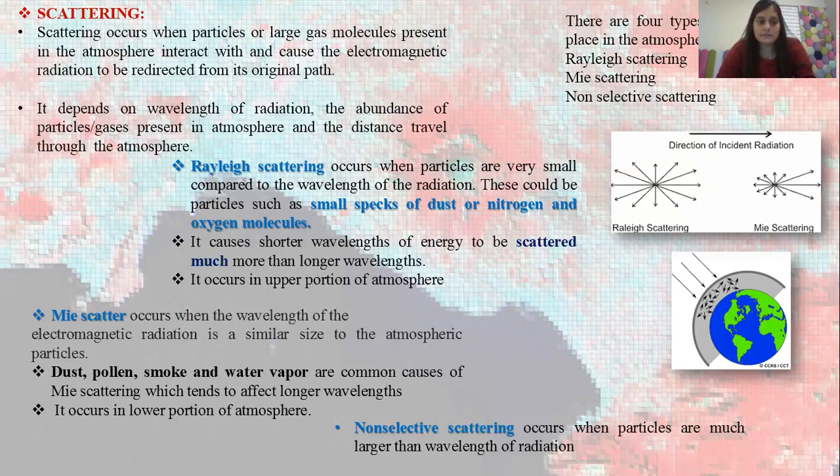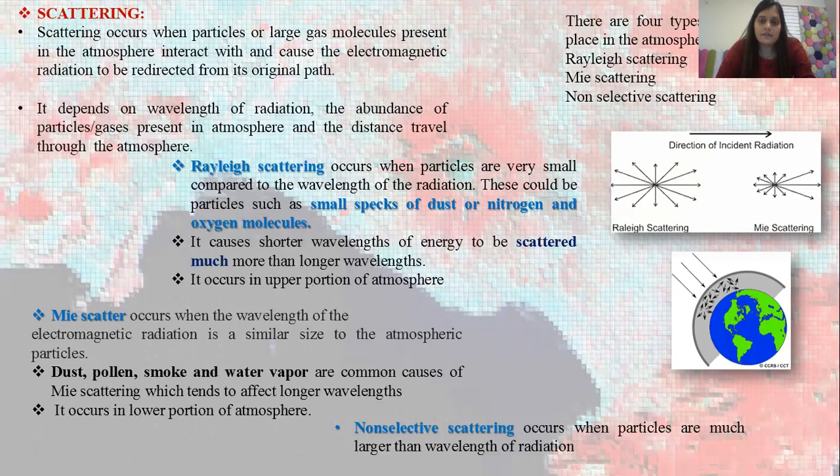Now, we have to try to neglect scattering as much as possible, but it cannot be neglected because, as we discussed, many substances such as water molecules, gases, and smoke are present. But how can we minimize it? There are many ways to minimize it. There are majorly four types of scattering, but here we will discuss three.